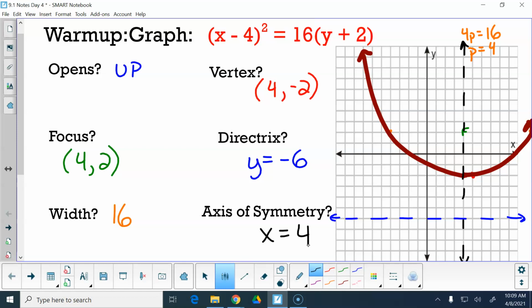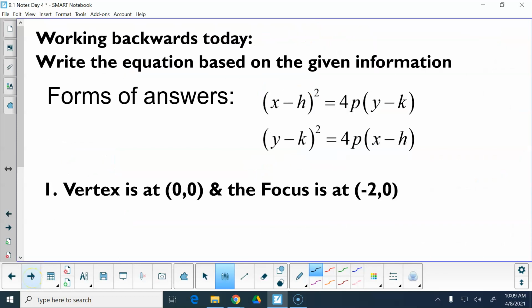Remember, there's videos to watch from all of those days too. So today, just when you have all of the answers to all of the questions, I go and change the direction of the questions. Today we are going to write the equation based on certain conditions.